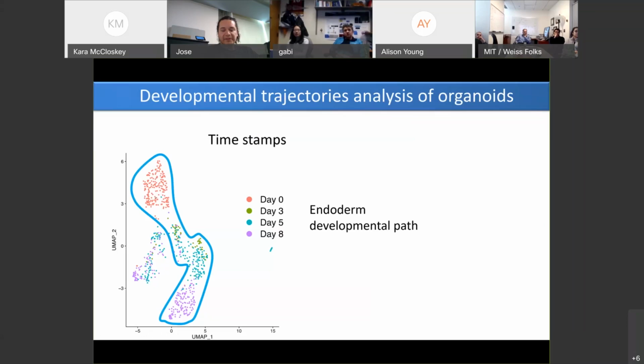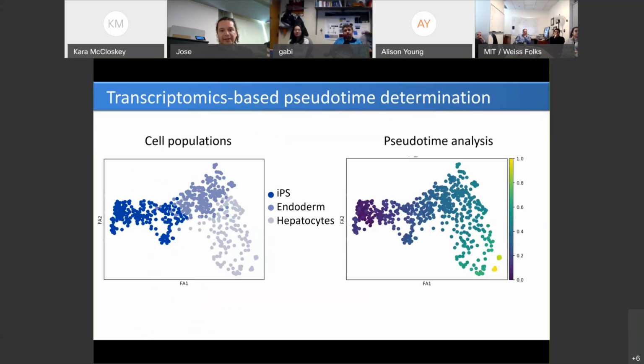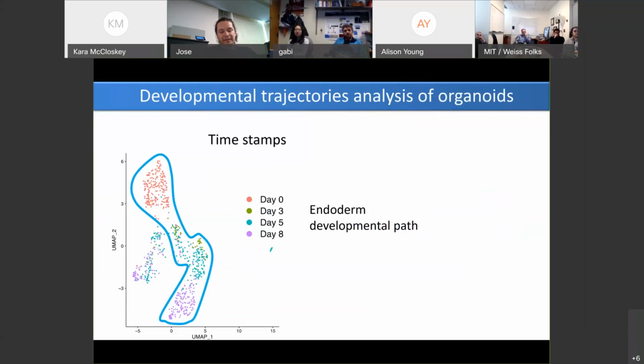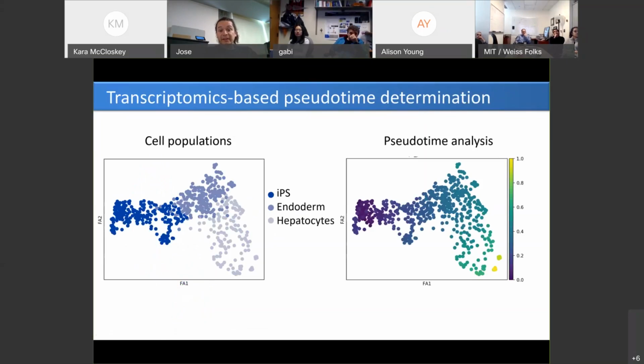This is where we're trying to implement these new ideas of analysis of dynamics over time. The way I do that is, if I take these cells that correspond to the endoderm path, using existing methods we can organize them in what we call pseudotime.